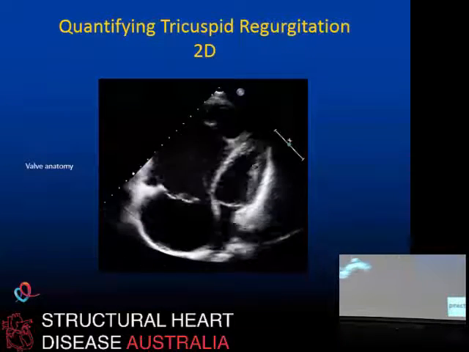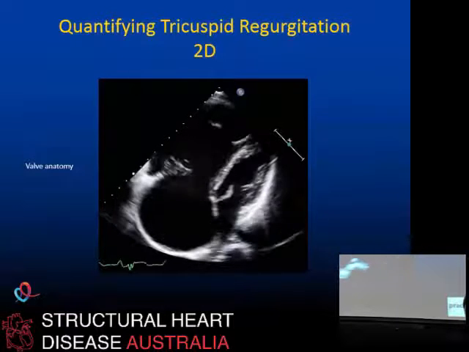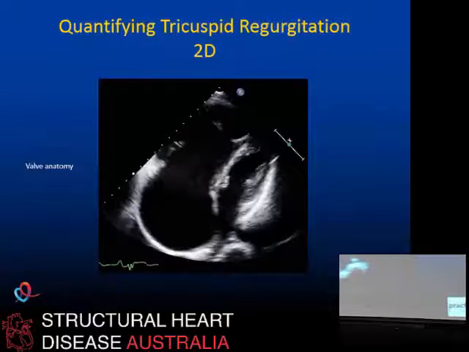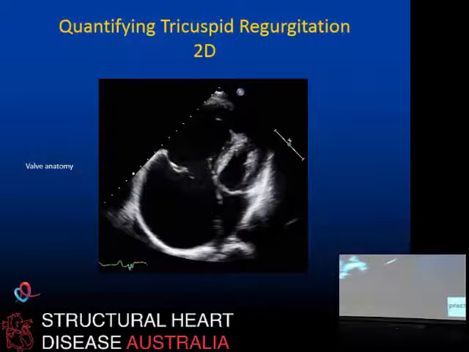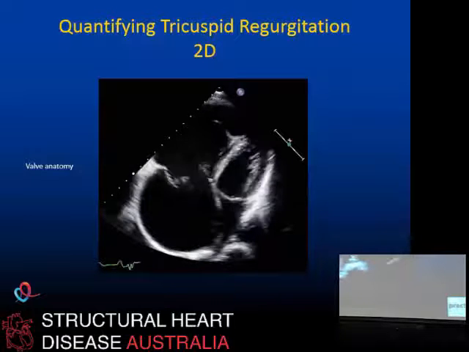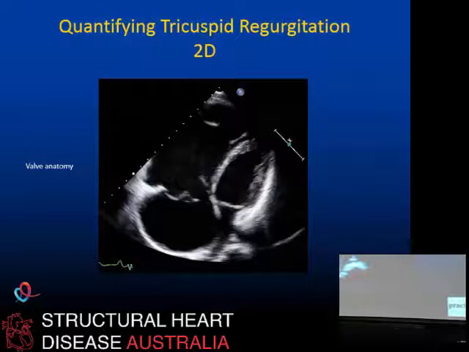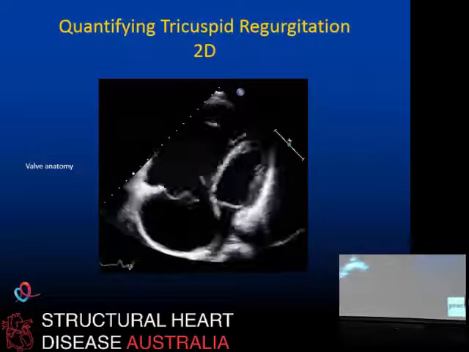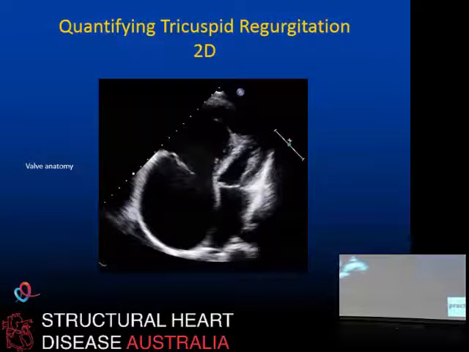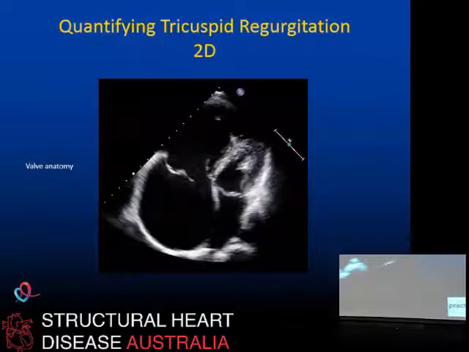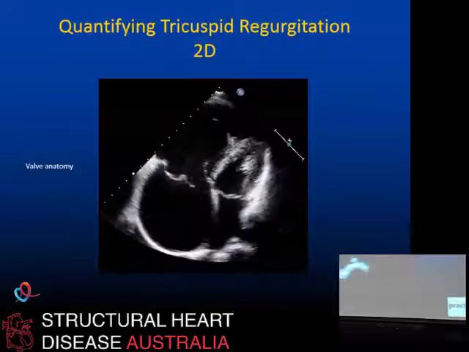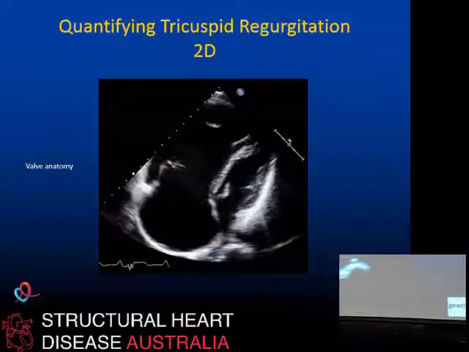Much can be gleaned from the two-dimensional images. It's important to examine the right ventricle, its size and its function, right atrial size and function, and the movement of the interventricular septum, which can often be D-shaped in the case of ventricular pressure or volume overload.